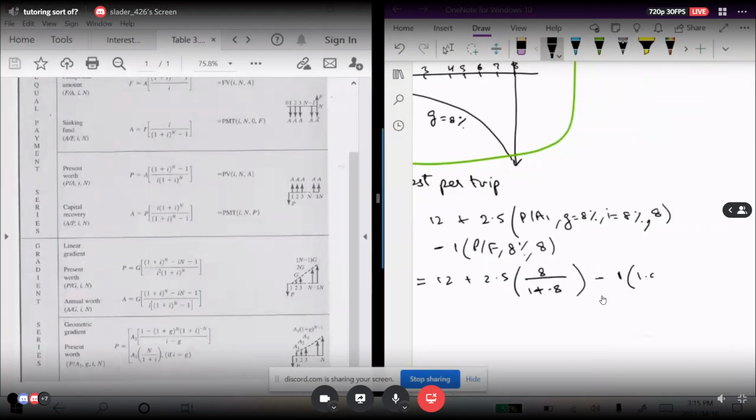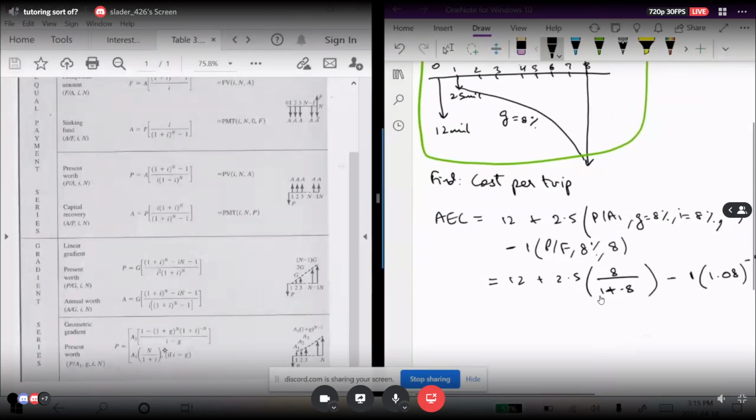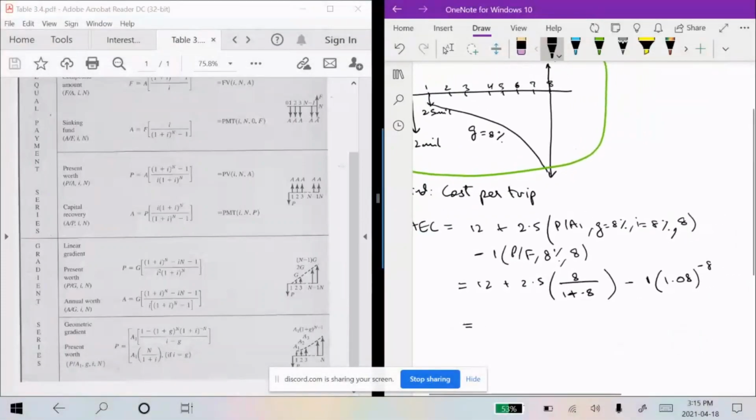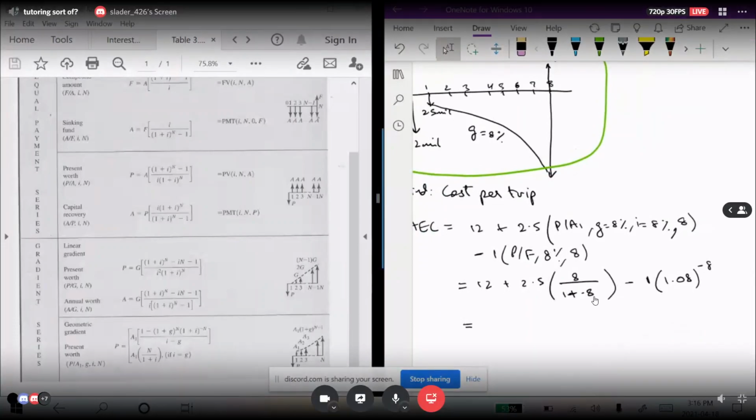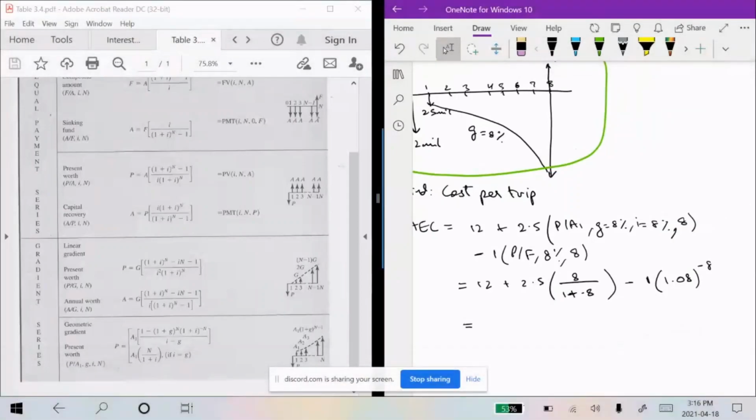1 into 1.08 is 8. So when I solve this, I get 12 plus 0.5 into 8 divided by 1.08, minus 1.08 raised... This is not 0.8, it's 0.08.